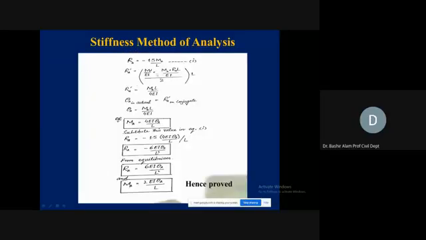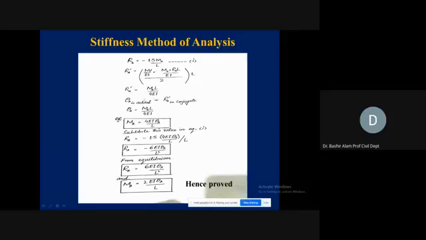If we now simplify this, RA we are going to put from equation 1 in terms of this MA. So when we solve this, RA prime will become equal to MAL divided by 4EI.